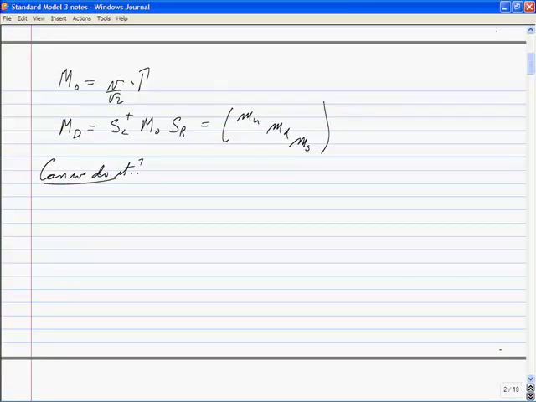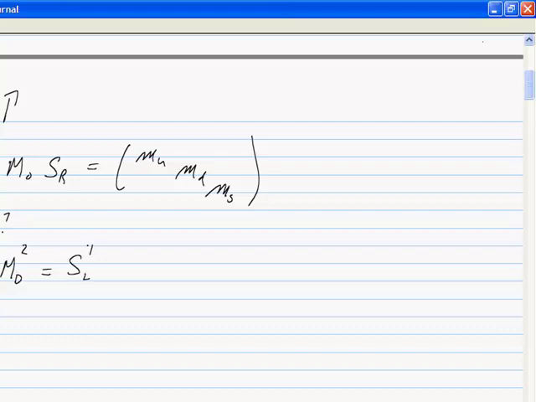So here's the connection to theorems. If you consider first M diagonal squared, that's S left dagger M0 S right, times S right dagger M0 dagger S left.